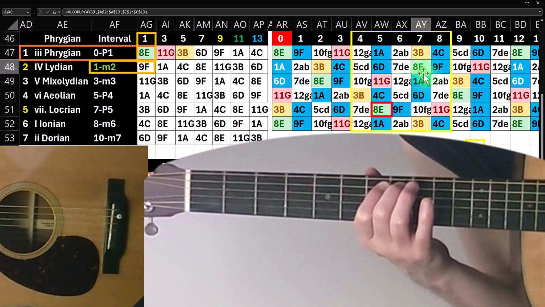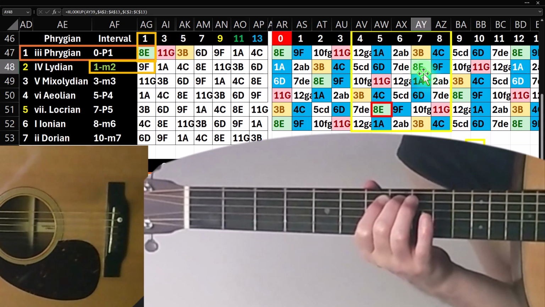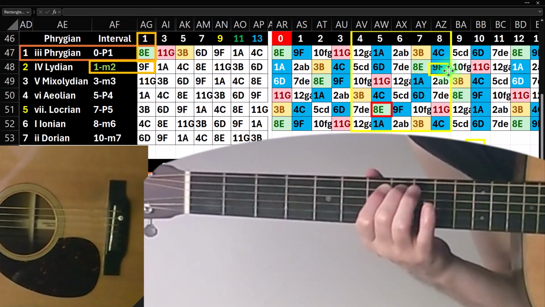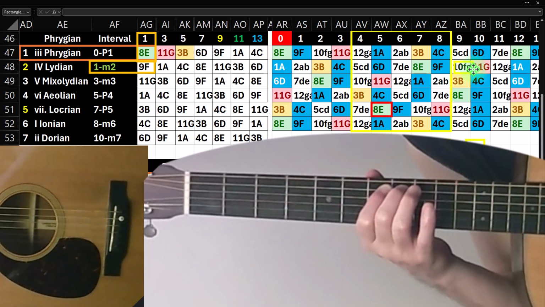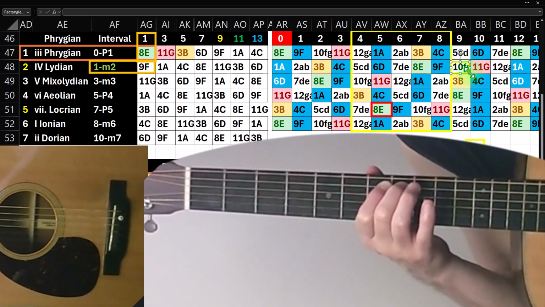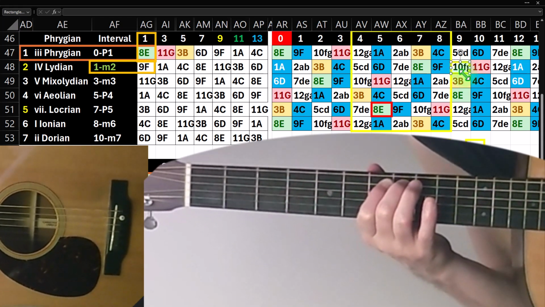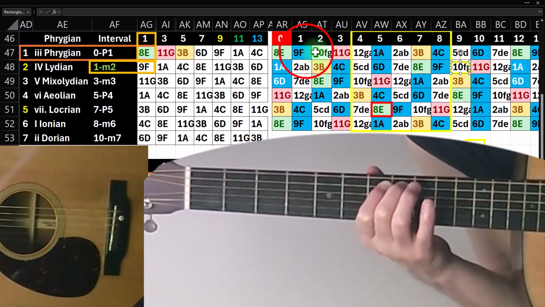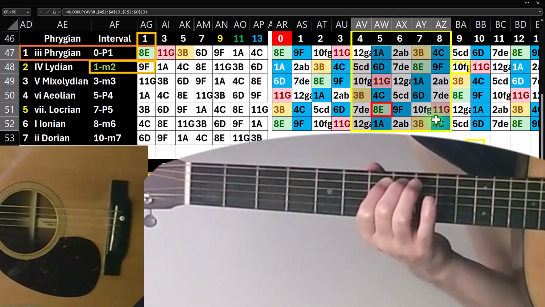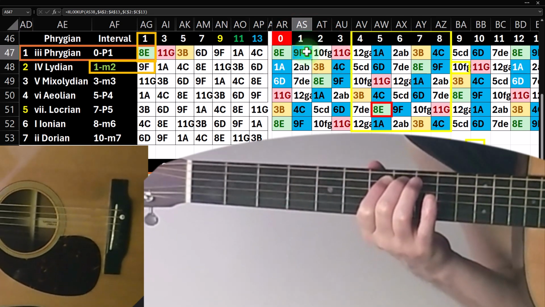What if I wanted to convert from the E Phrygian, which is a minor mode, to simply E minor? Well, then all we'd have to do is take that second, which has been flattened, and move it out, right? So if I want to convert this, I could learn the whole other shape for the F, right? I could say, well, where's the F? Well, maybe I could start playing like this shape right here. If I started this same shape from the F, I would be playing F minor, right?